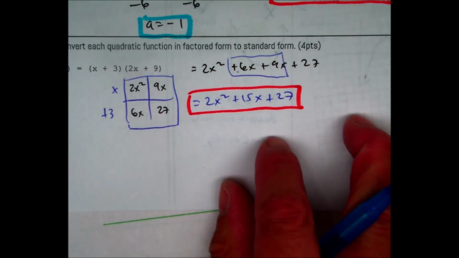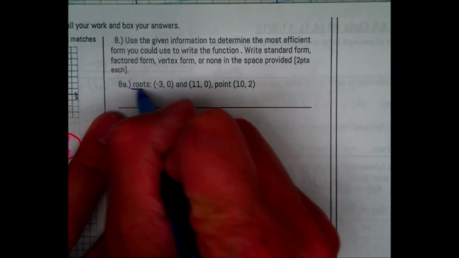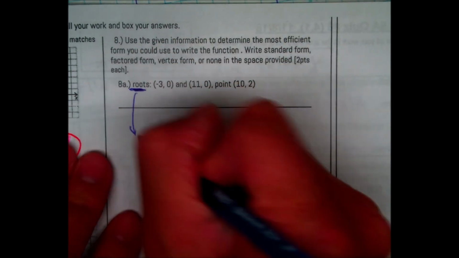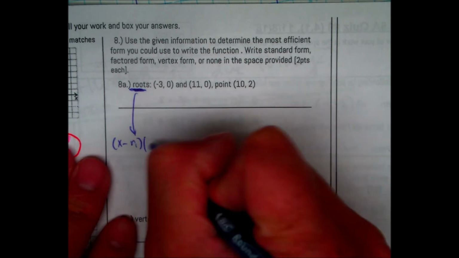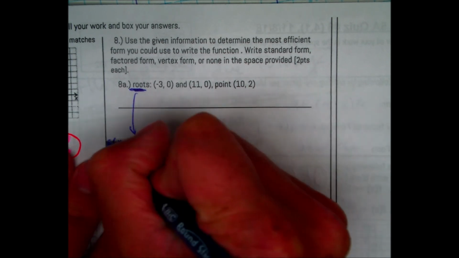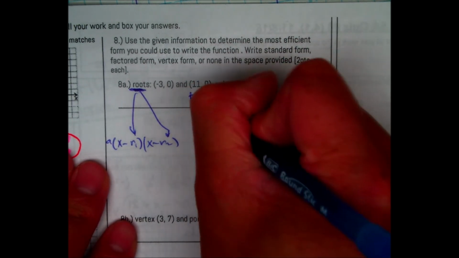Let's go up to question number 8. Given this information, determine the most efficient form you can use to write the function. Write standard form, factored form, vertex form, or none in the space provided. So the keyword in this one is roots. Roots basically refers to the r values, and this is factored form, so the answer is factored form.